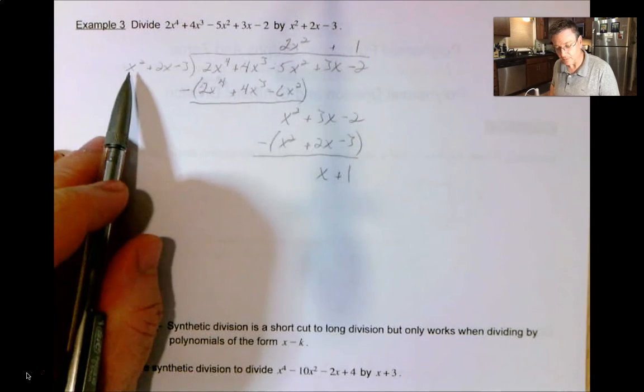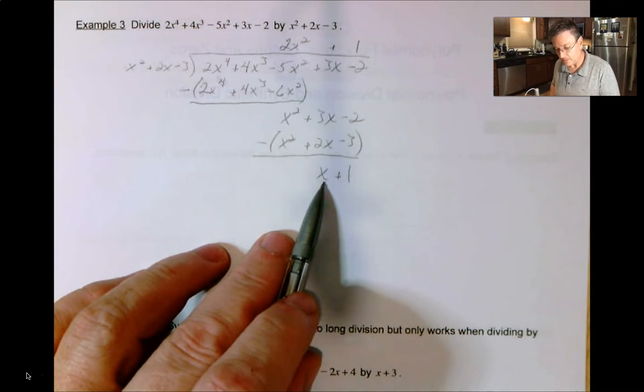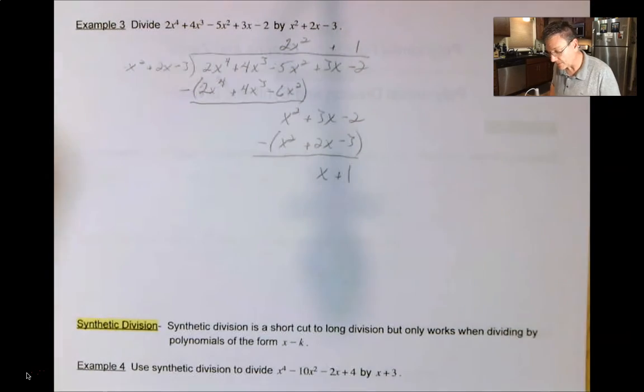This is my remainder, because there's nothing I can multiply x squared by to get x. This is a smaller degree. This is my remainder. So how do we write that?